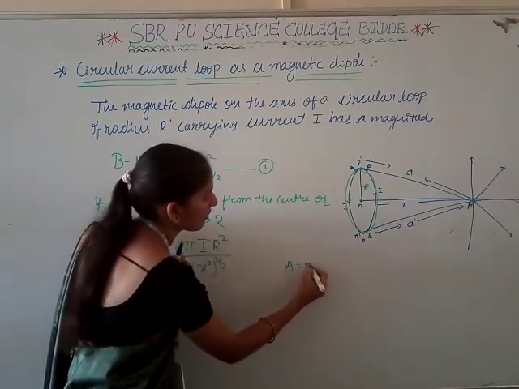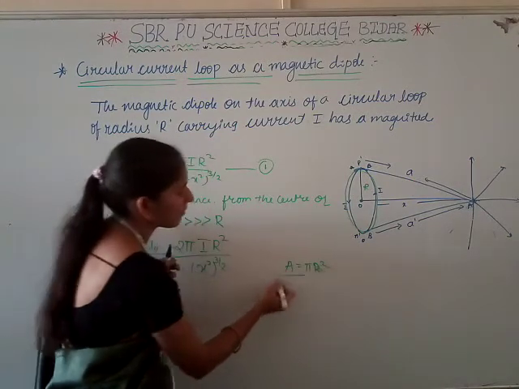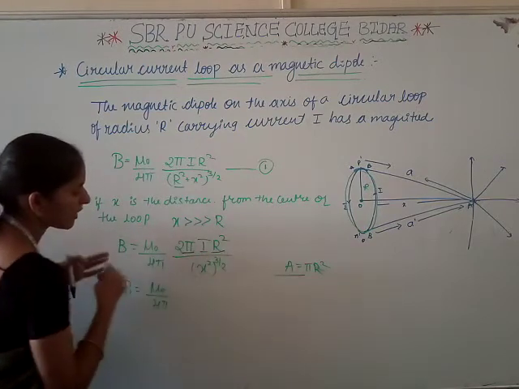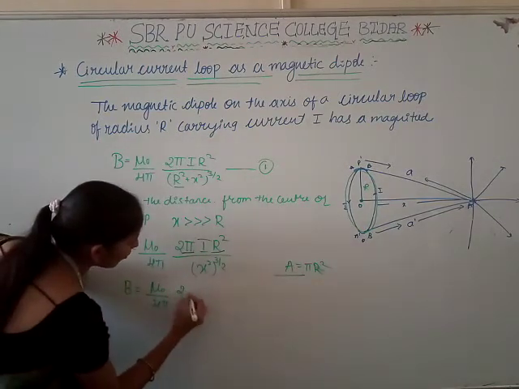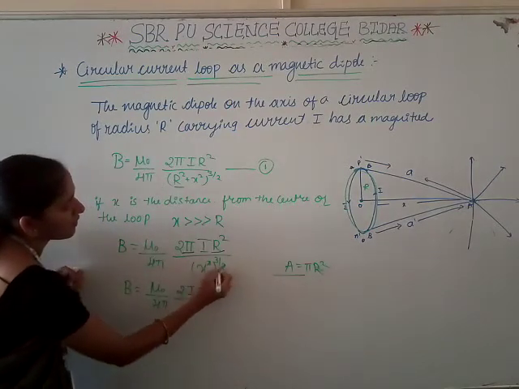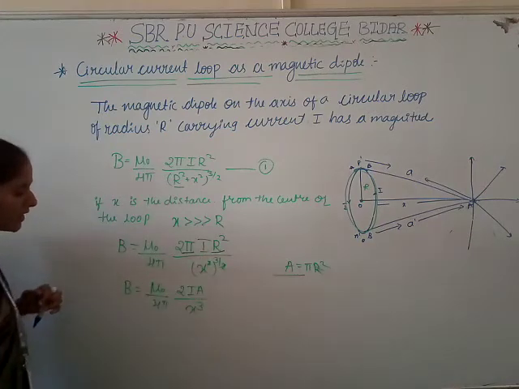Area is equal to pi r square, which can be taken as 2 into I into a divided by x cube, since x square gets cancelled.